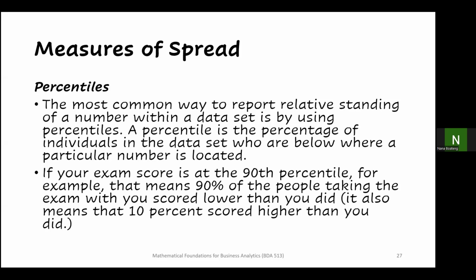A percentile is a percentage of individuals in a data set who are below where a particular number is located. So for example, when we say 90th percentile, if it's an exam and your score is at the 90th percentile, it means that 90% of the students are below the score that you got.